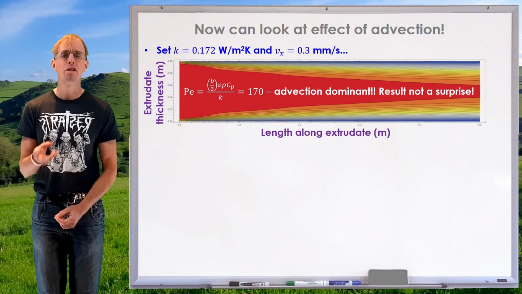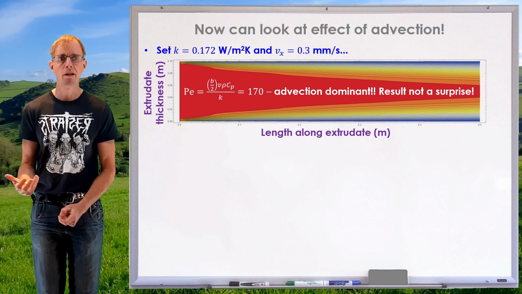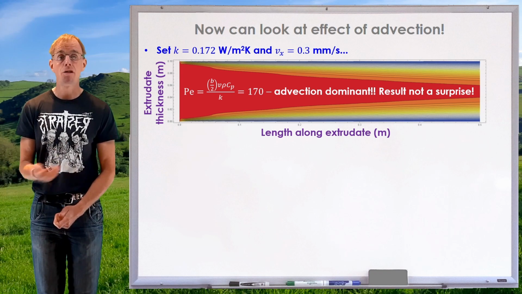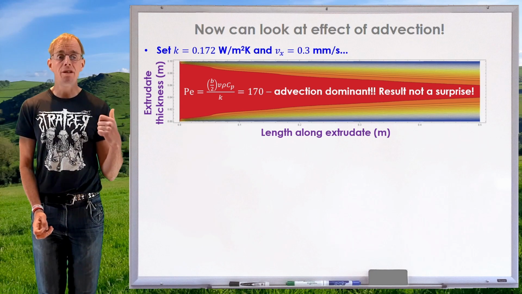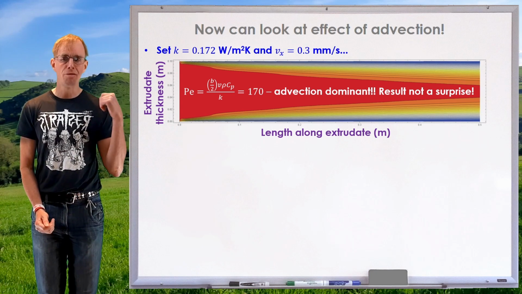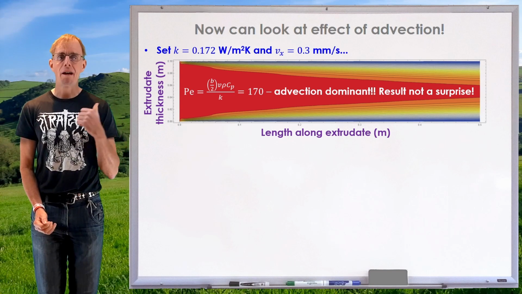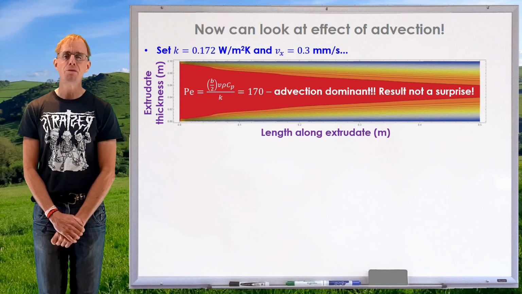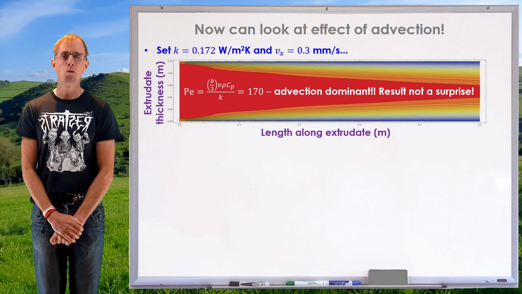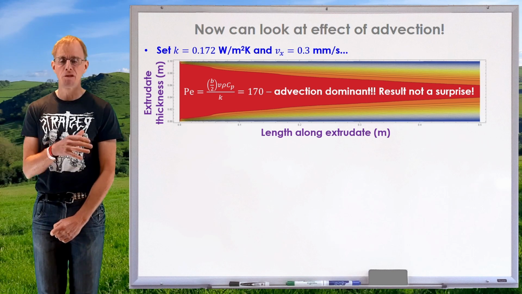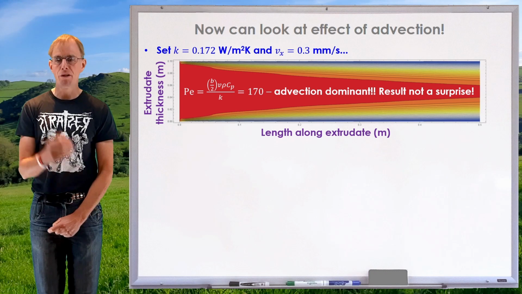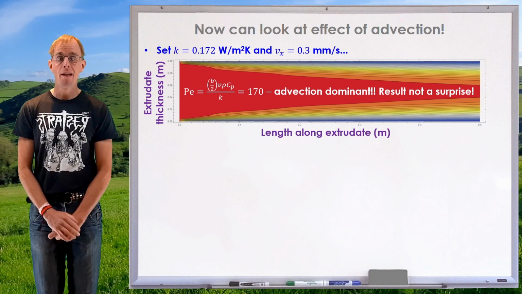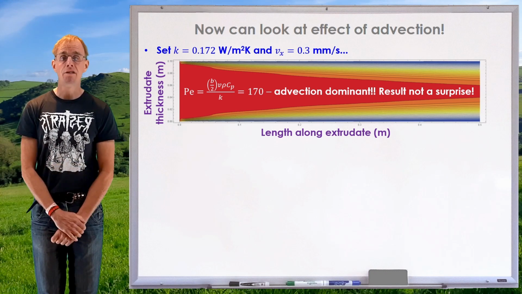And remember, we looked at advection dominant problems last lesson as well, and they effectively became isothermal. And that is what we can see happening here. For negligibly small extrudate velocity, we have a temperature profile that is tending towards isothermal. If we went even at a millimeter per second, let alone 5 millimeters per second or 30 millimeters per second, we would probably see a totally isothermal extrudate.